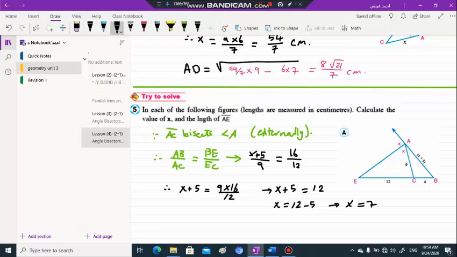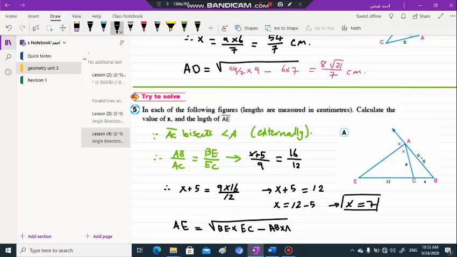And this first requires the value of x. Then we want to find the length of AE. And we said AE is the external bisector. So AE equals square root of base times base minus side times side. So we start with BE times EC minus AB times AC.